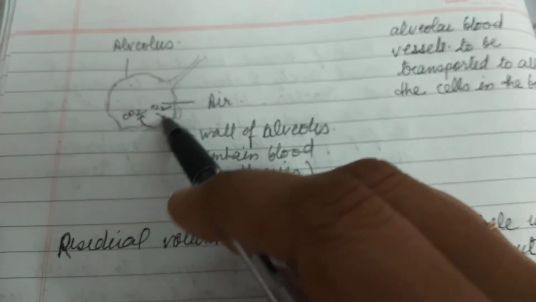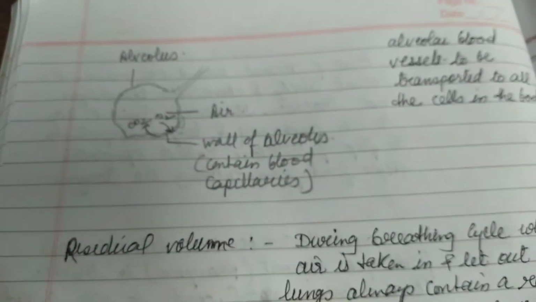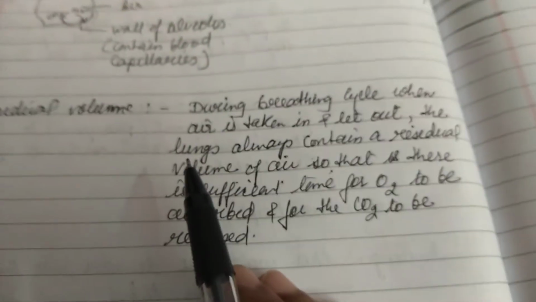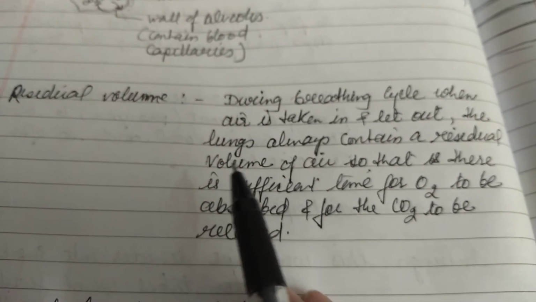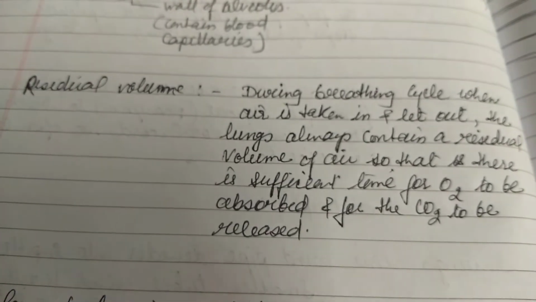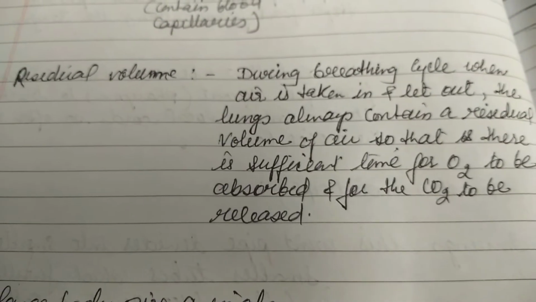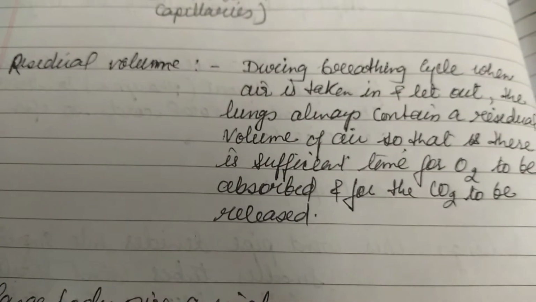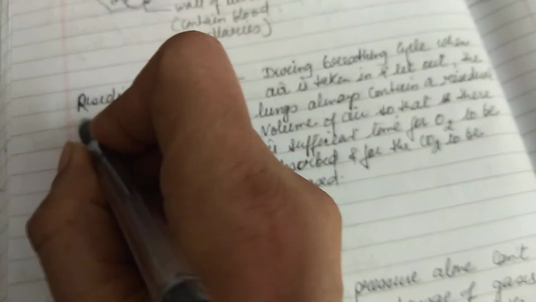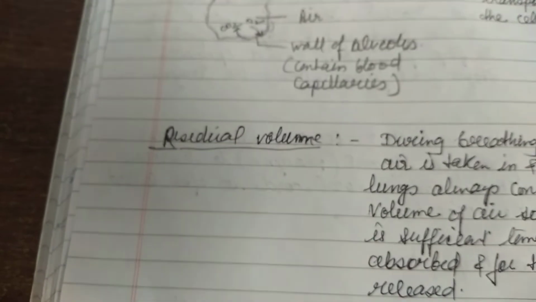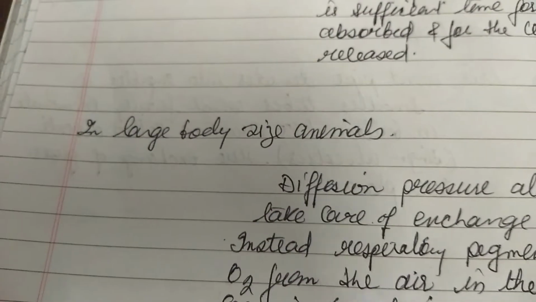There is always air left in these alveolar sacs. Okay? So lungs always contain some volume of air. So there is sufficient time for oxygen to be absorbed and carbon dioxide to be released, and that volume we call residual volume. So I hope this residual volume is clear to you all.